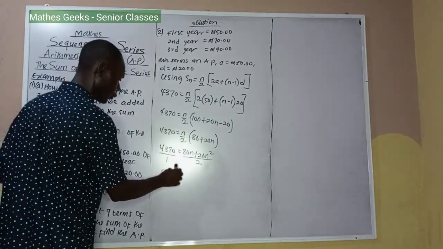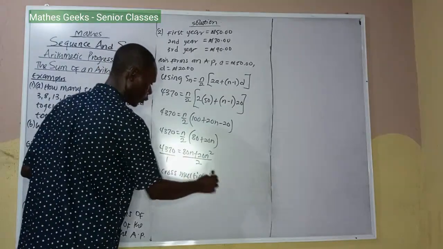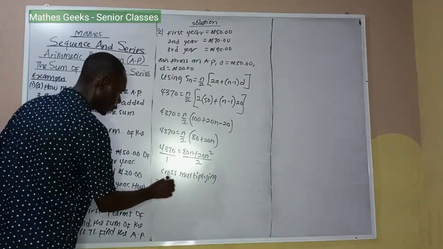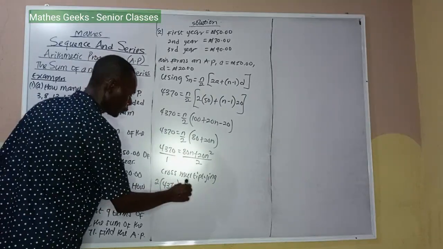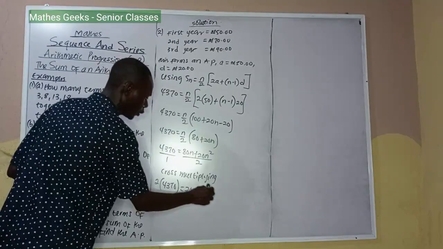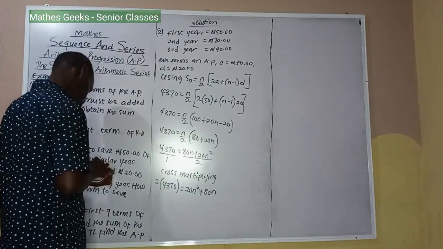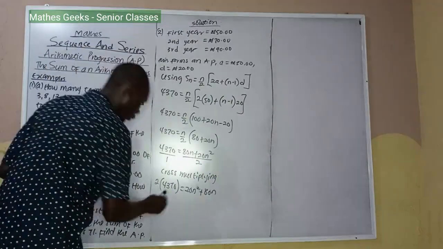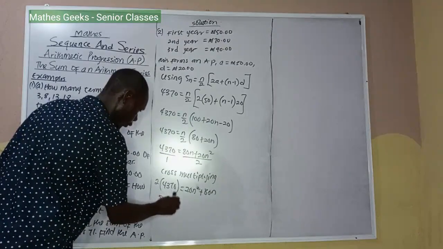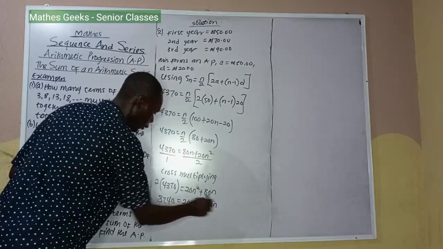Cross multiplying. Let's multiply by 2. We're going to have 2 times 4,370, which is 8,740, equal to 20n squared plus 80n.